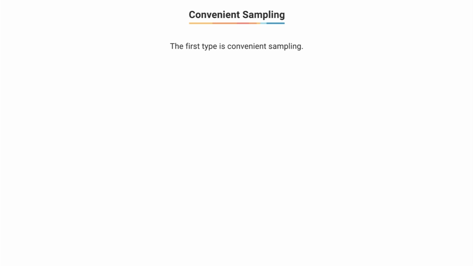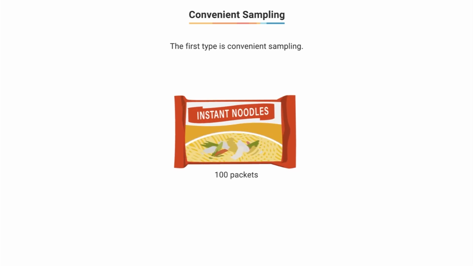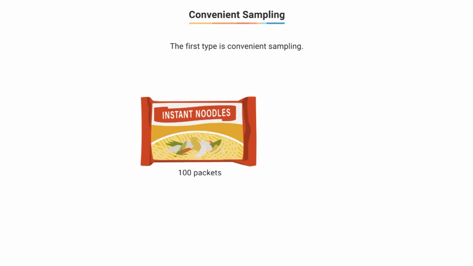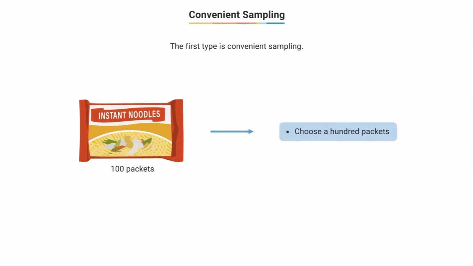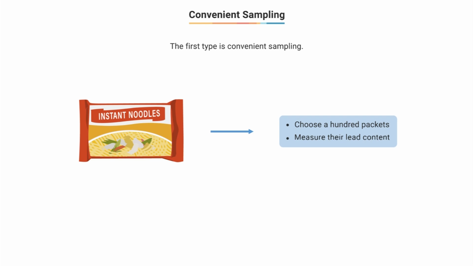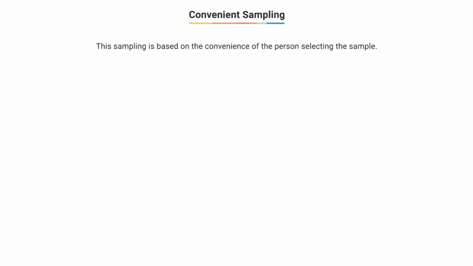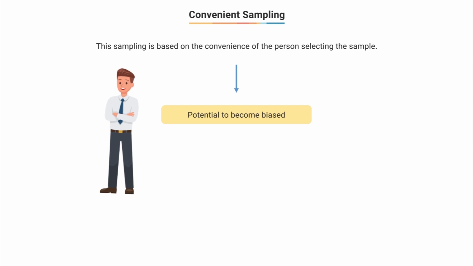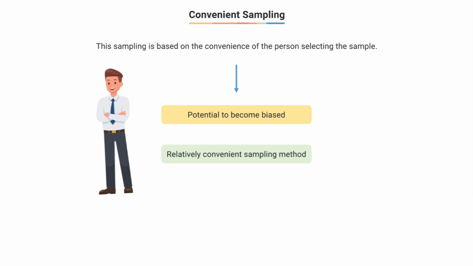Let's say you had to select 100 Noodle packets in our previous example, and in order to do this, you simply choose the 100 packets that were around you and measure their lead content. As the name suggests, this sampling method is based on the convenience of the person selecting the sample. Clearly, this sampling method has the potential to become extremely biased. The only good thing here is that it is a relatively convenient sampling method.